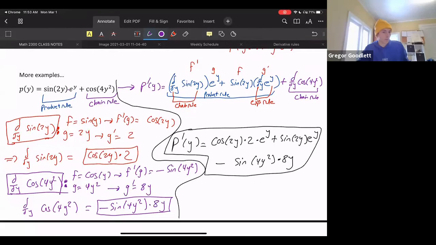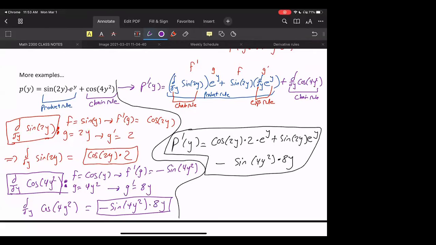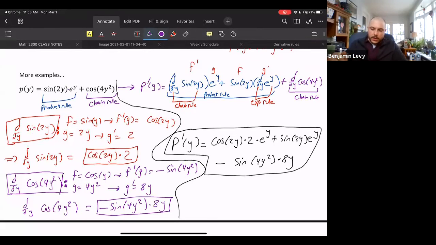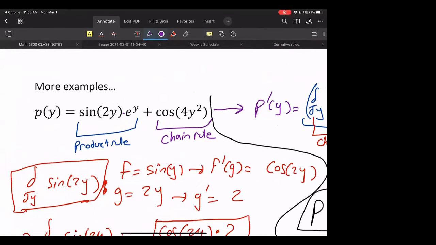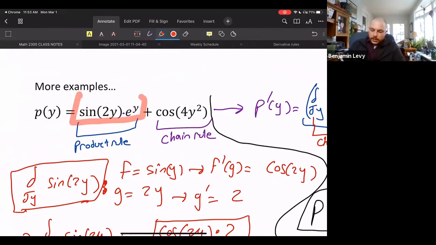Can you just explain how you set up the product rule for the sine 2y times e to the y? Yeah, so I was recognizing this as being two things multiplied, and I threw a little multiplication sign in there right in the middle, right?